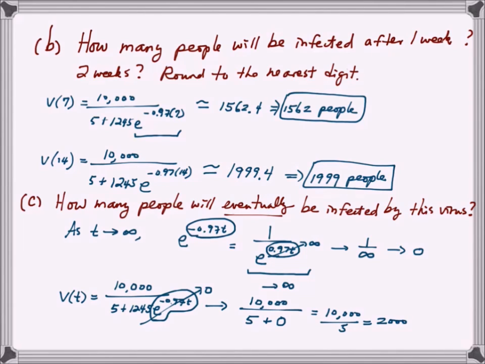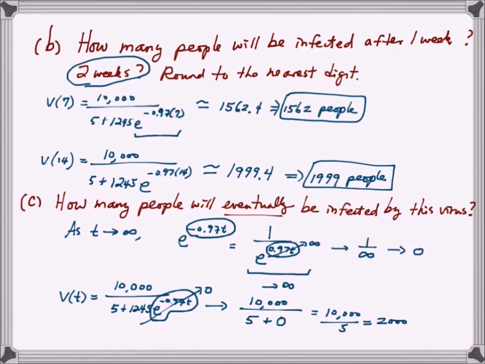So in other words, eventually the number of people who are going to be infected by this virus is going to be 2,000 people. You can see that has to be the case from our previous calculation: when we calculated the number of people infected by 2 weeks, it was 1999, which is very close to 2,000 already.